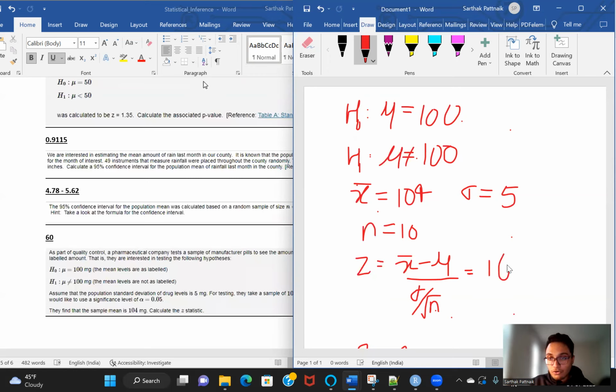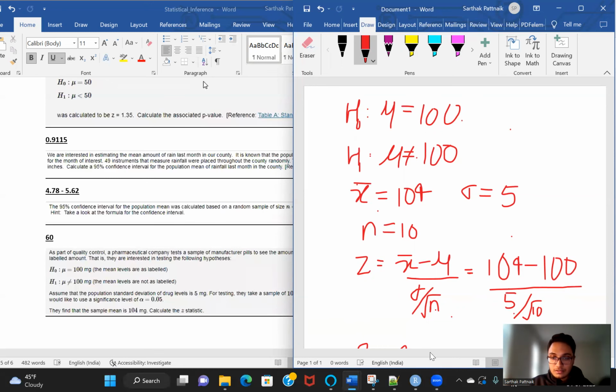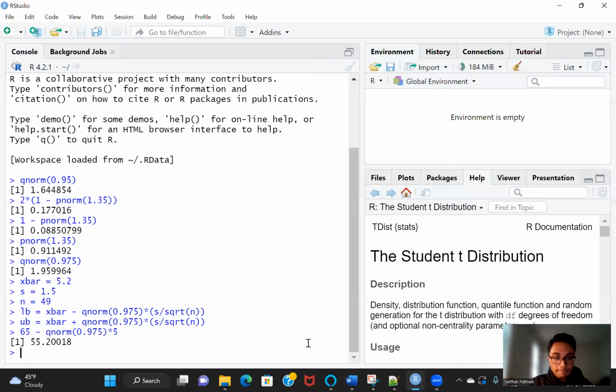So it will be 104, your sample mean, minus 100, divided by, I've been given my sigma as 5, and my sample size is 10. So let's do the calculation.